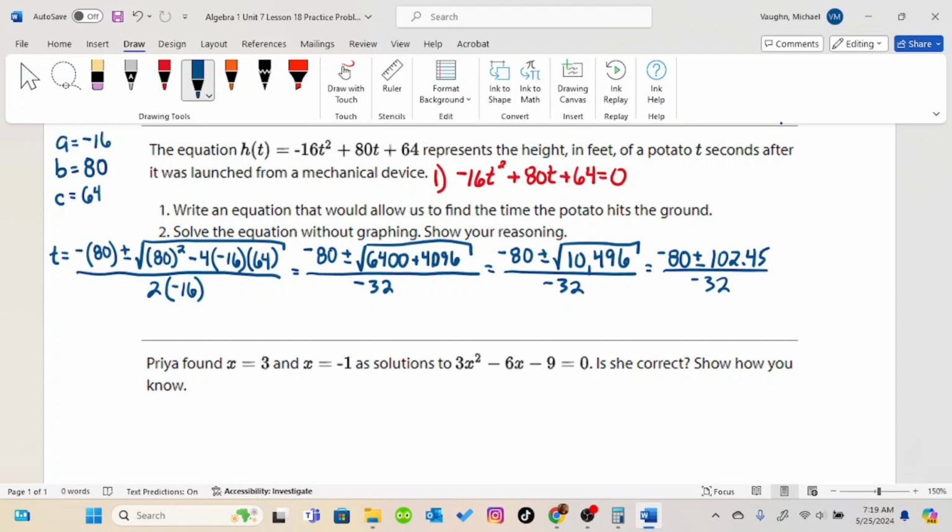So we have two options. In the first option, we're going to add 102.45. And in the second option, we're going to subtract 102.45.